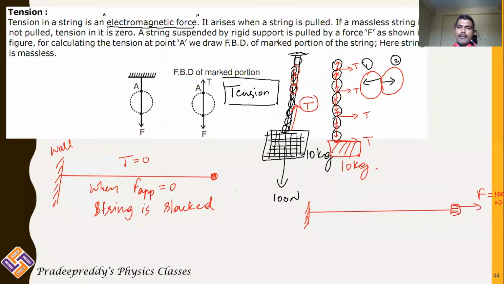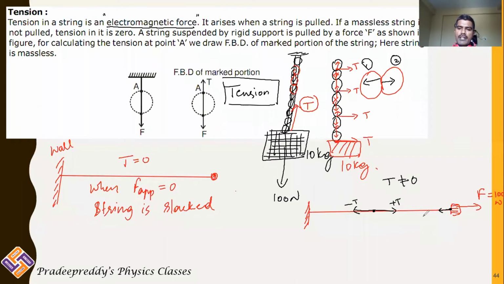As you are applying 100 Newton of force on one end of the wire, this last portion which is present here will be exerting some force in the upward direction. Similarly, at this point, there will be atoms and molecules, and what would happen? There will be two forces here. One is plus T and the other one is minus T. Overall, within this string, there arises some tension T, which is not equal to 0.